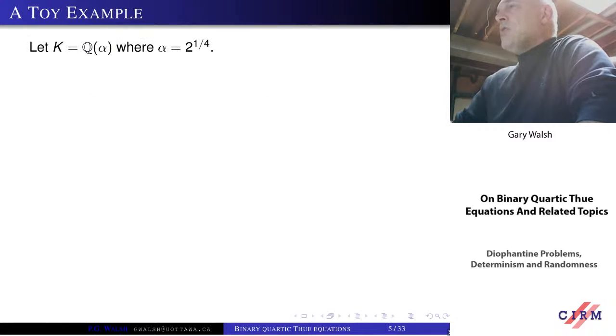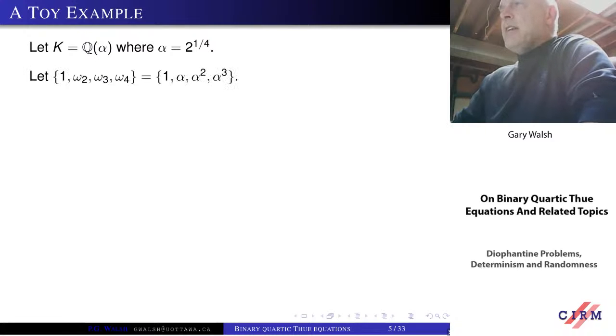So let's take a toy example. Q adjoin the 4th root of 2. And well, we'll start with a basis in order to get going. So I'm cheating a little bit, but I'll come back to this basis in a second. So here I'm going to take the obvious basis 1, alpha, alpha squared and alpha cubed.